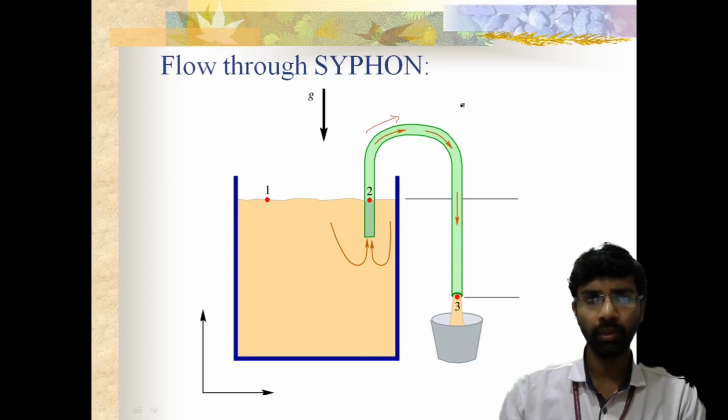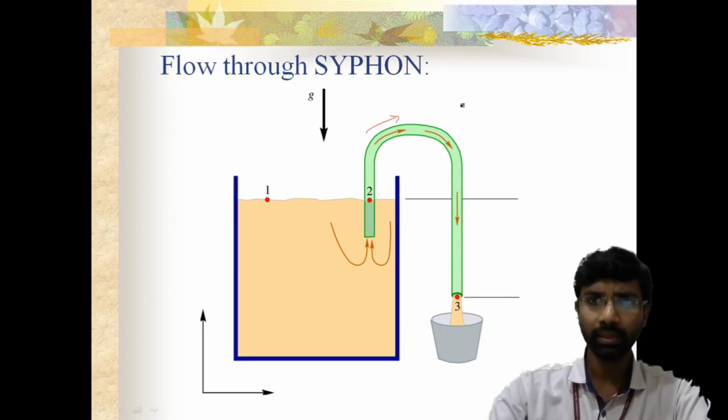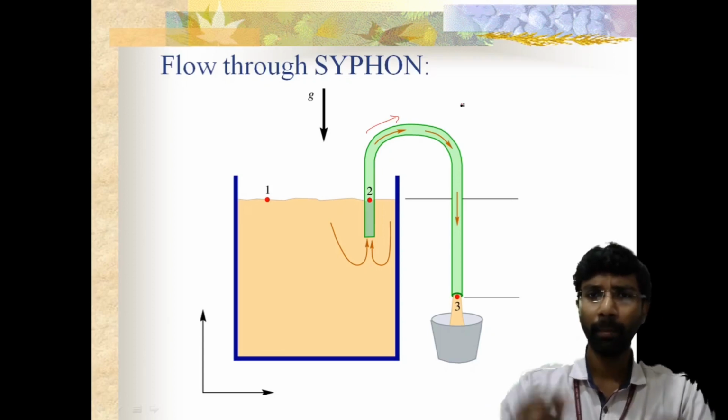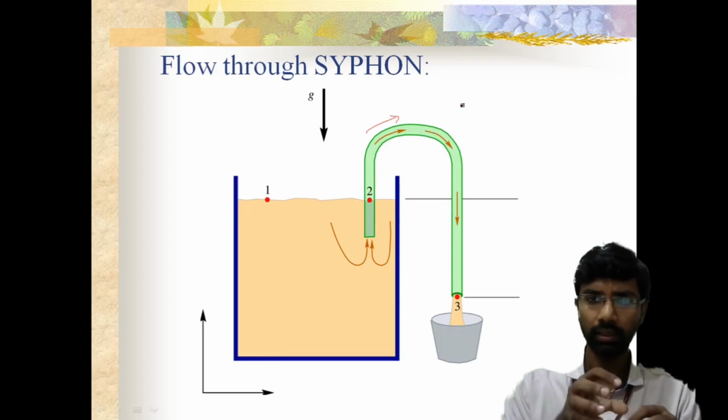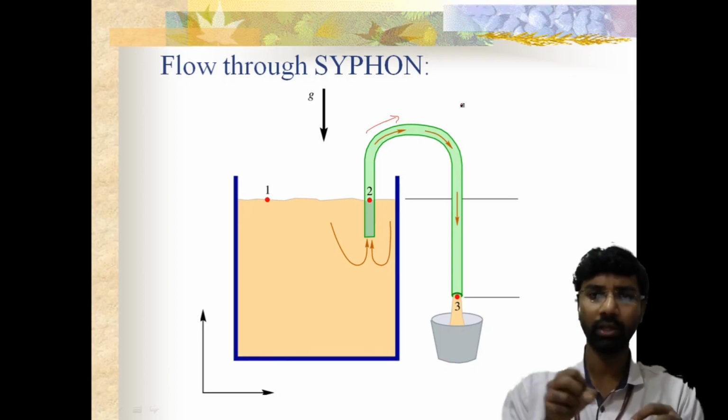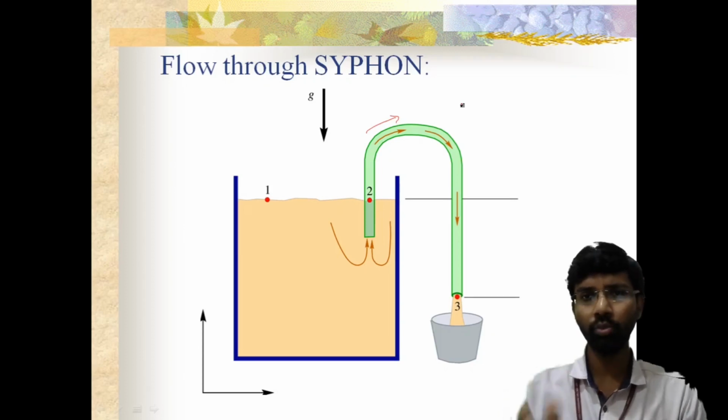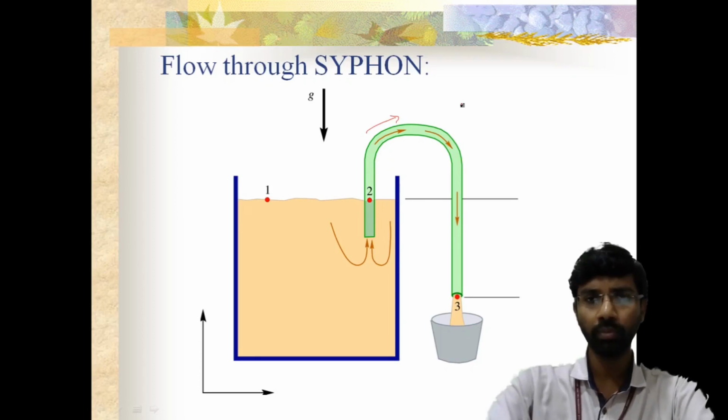So at that time, you can use this concept. You can simply put a pipe into that fuel and give a little sucking pressure, which means negative pressure. Simply suck the fluid into the tube, and then simply leave the tube. Then automatically the fluid in the tank comes out through the tube. It is called siphonic action.